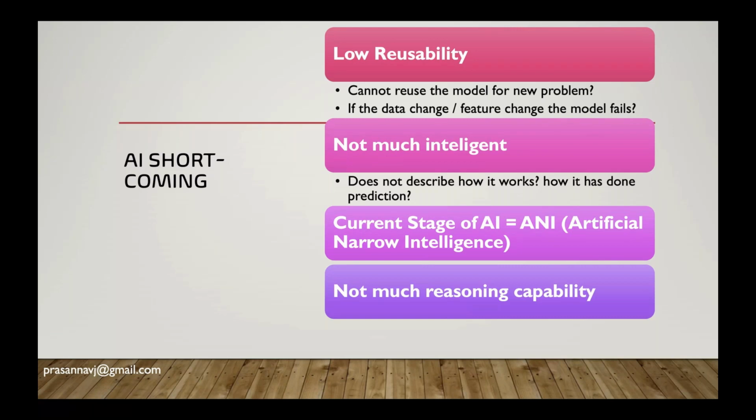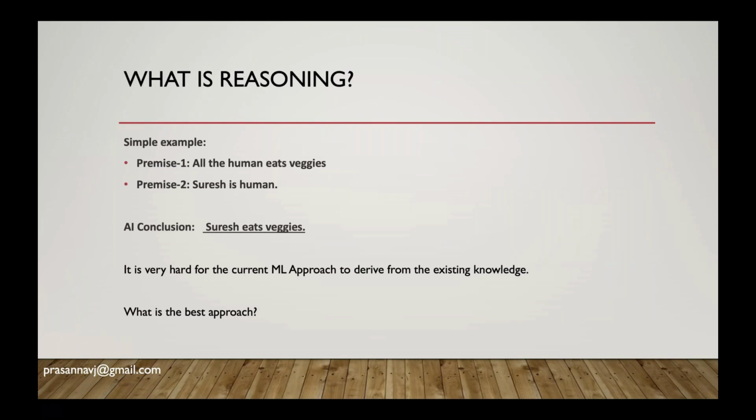Okay, let me take a minute to understand and appreciate what is meant by not much of a reasoning capability. Let's take a simple example. Let's say there are two premises available. One, all humans eat vegetables, and the other premise, Suresh is a human.